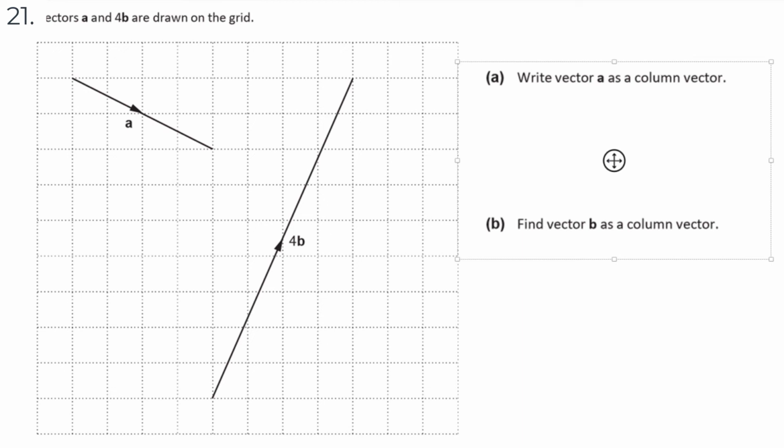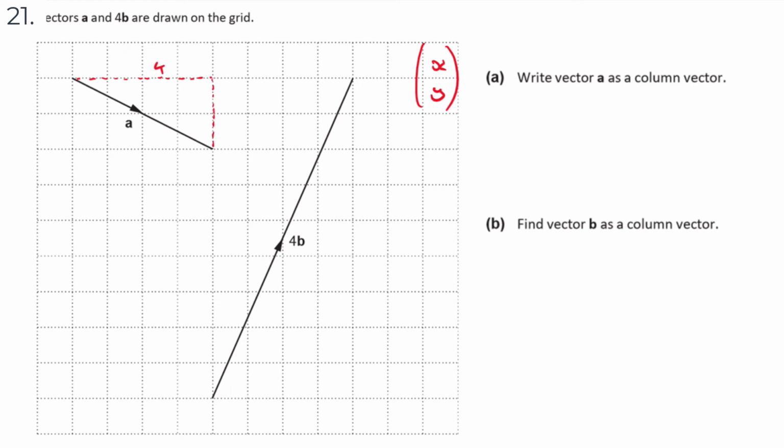Question 7, vectors A and 4B are drawn on the grid. And then part A says, write vector A as a column vector. Okay, so column vectors are written in the form x over y, where x is the distance from one end of the vector to the other in the direction of x. So you can see that's 4 units in that direction.